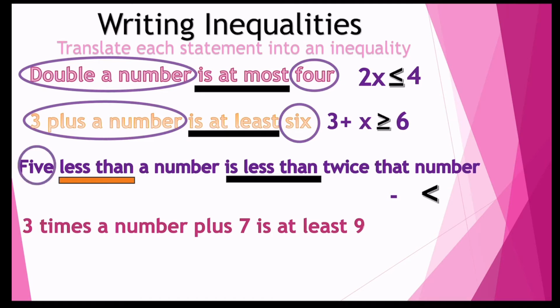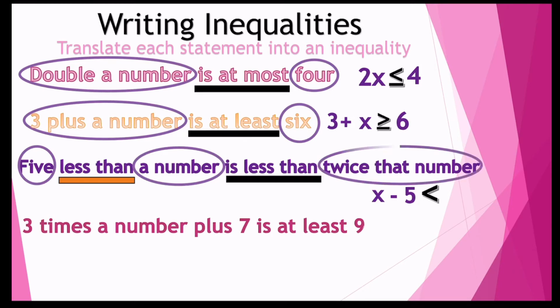What comes before it actually goes after. Remember, less than is a flip. That's from section 1. And then a number. Now, whatever variable you chose here has to be the variable you use here where it says twice that number. So it has to be the same because whatever number was on the left, you're now twicing that one.